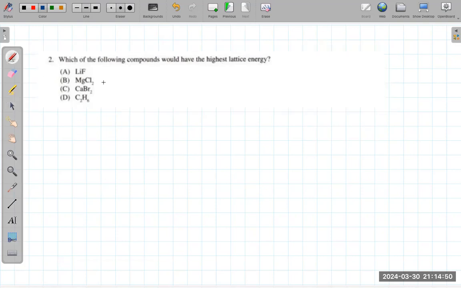C2H6, of course, I will not consider, because this is not ionic anyway. LiF has just +1 and -1. MgCl2 has +2 and -1. Calcium bromide has +2 and -1. So now the one most probably will be magnesium chloride or calcium bromide. Which one will I use?